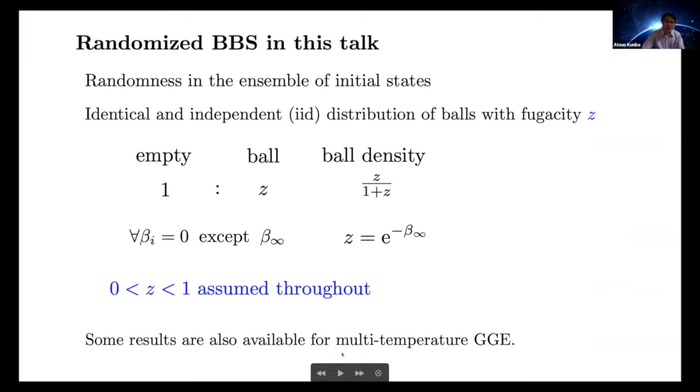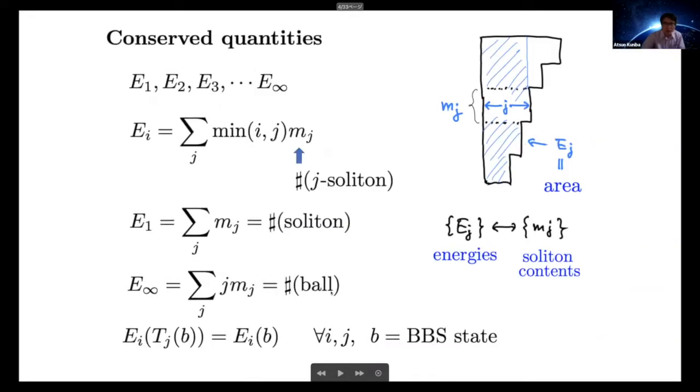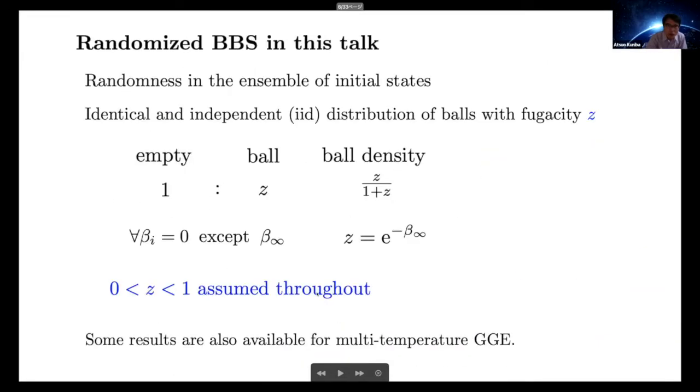So the relative probability of having an empty site and a ball-filled site is 1 versus z. So the ball density is z over 1 plus z. That means that among those infinitely many temperatures, I only retain this part because this infinity refers to the number of balls. So all the other inverse temperatures are formally 0.